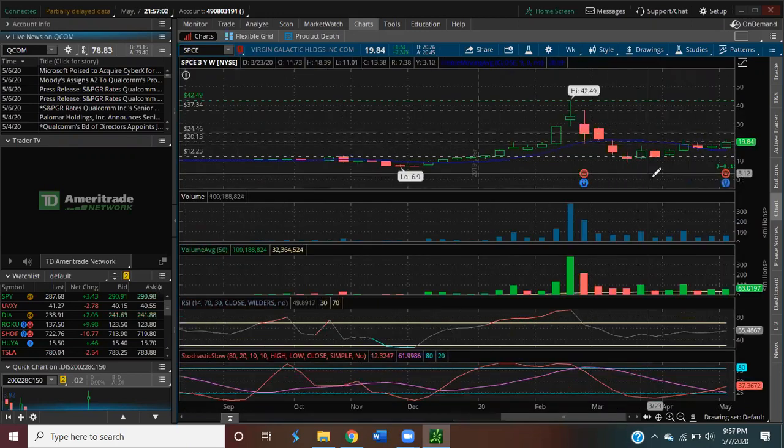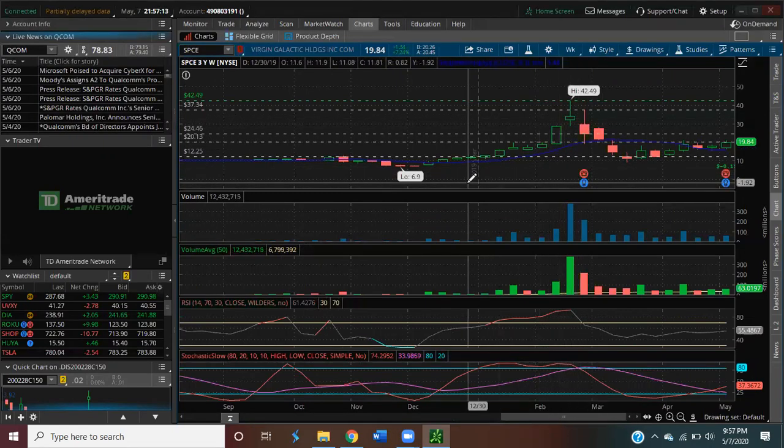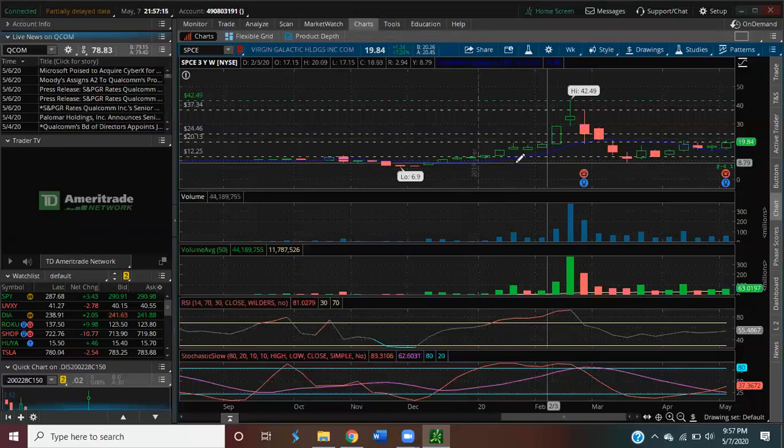the larger the time frame you see a support or resistance on, the more, what's the word I'm looking for? The longer amount of time that it holds, the better or the stronger it is.